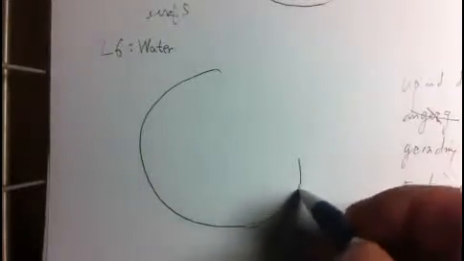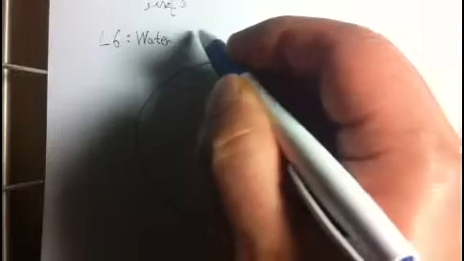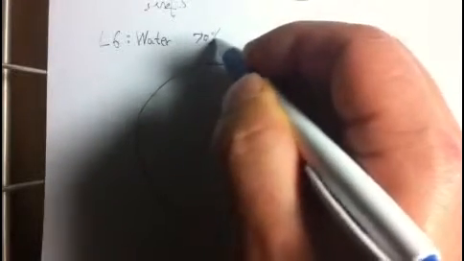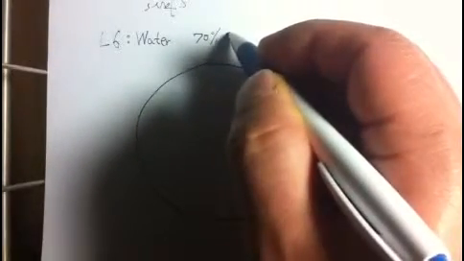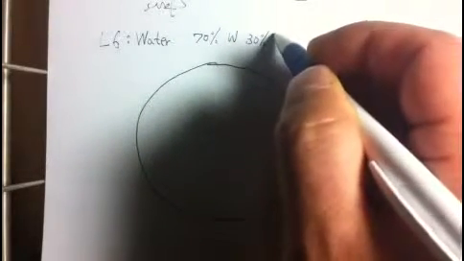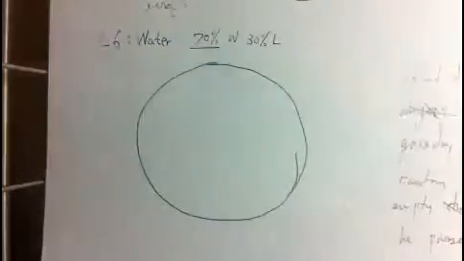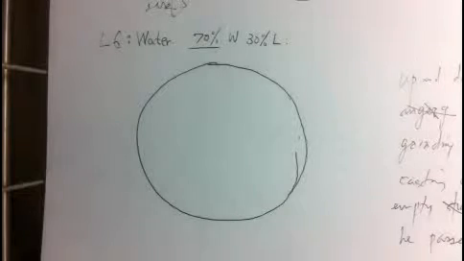This is the Earth. In terms of water, 70% of the Earth's surface consists of water and 30% consists of land. So most of the area is water, especially salt water.